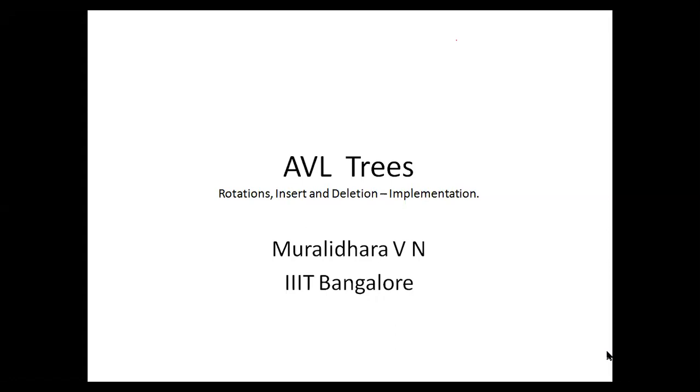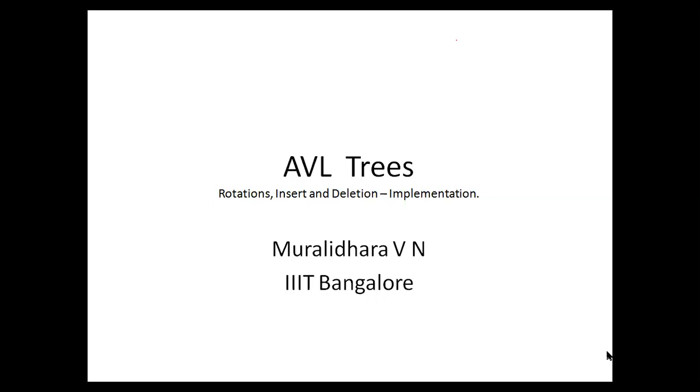So you keep going up, update the heights, and check whether the AVL properties are violated or not. Similarly, in the case of deletion, first you delete the node and go to the parent, update the height, and check whether the AVL property is violated.